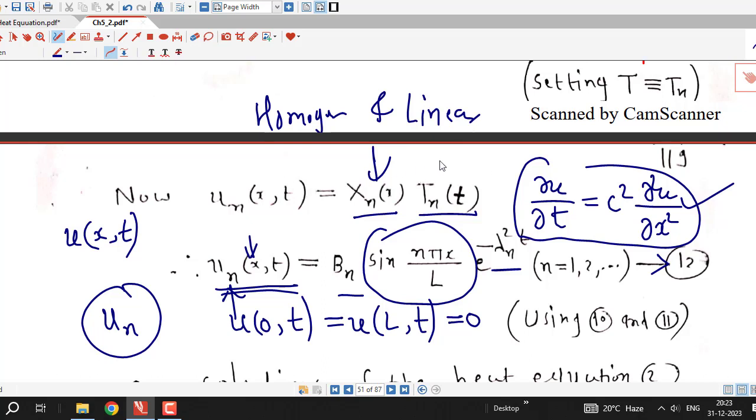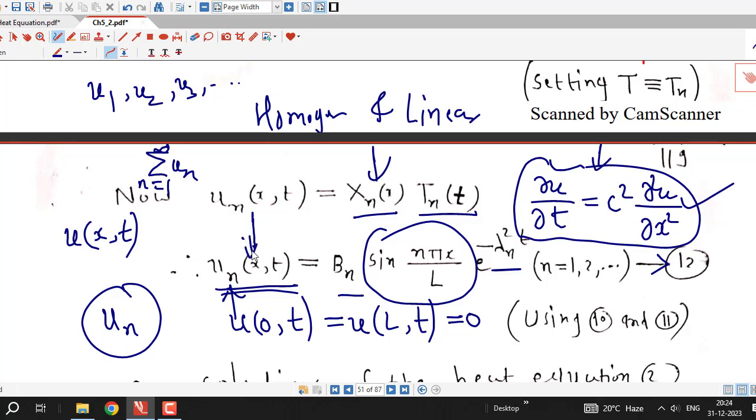Therefore, we can apply the superposition principle. We know that if u1, u2, u3 and so on are solutions of a homogeneous and linear partial differential equation, then their sum, say sigma un, n equal to 1 to infinity, is also a solution of that equation which is homogeneous and linear.